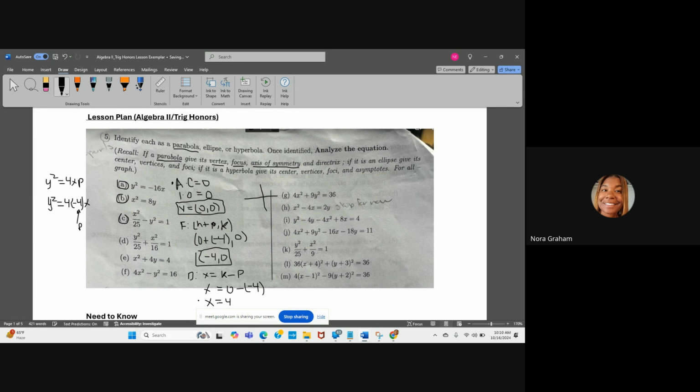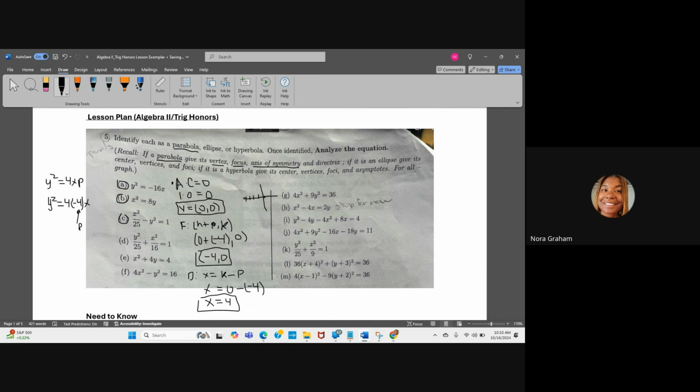All right, so let's go ahead and graph this and see what we have. Our vertex is 0, 0. That's our vertex. And then we have our foci, which is negative 4, 0. So negative 4, 1, 2, 3, 4, 0.